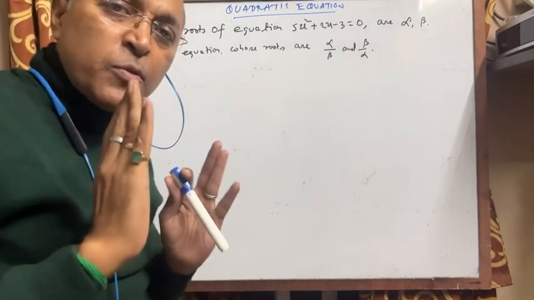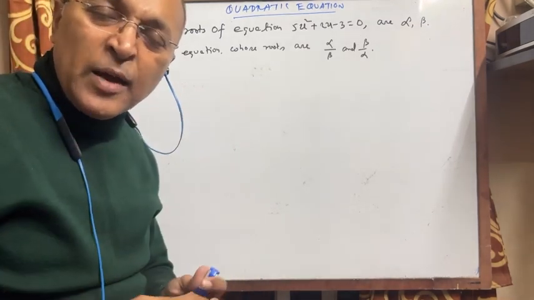All of you know that sum of two roots is equal to minus b by a and product of two roots is c by a.